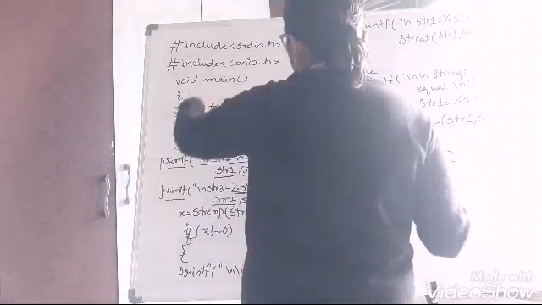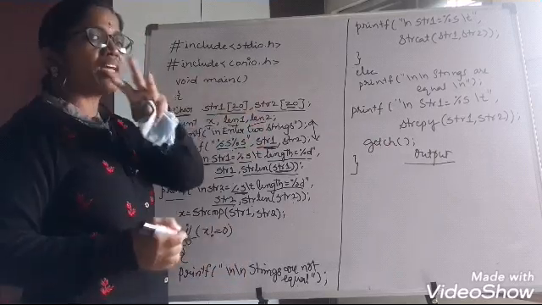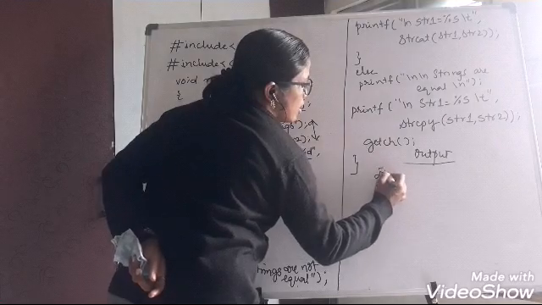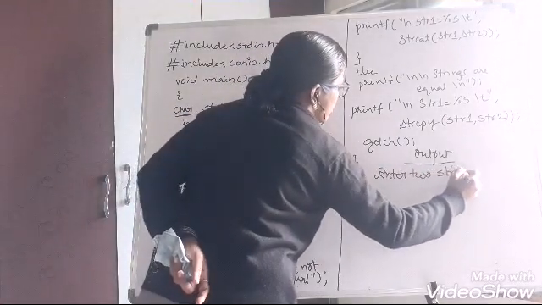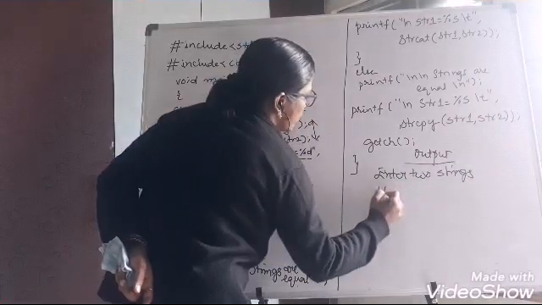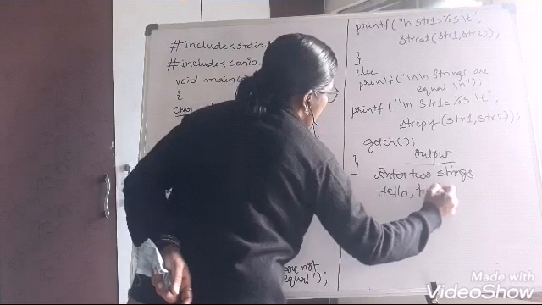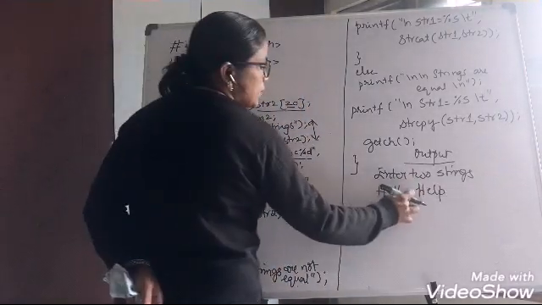As main is executed, two strings are declared and three variables are declared as integers. First it will ask to enter two strings. I will enter hello as well as help, hello space help.